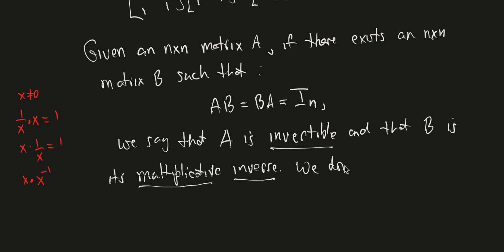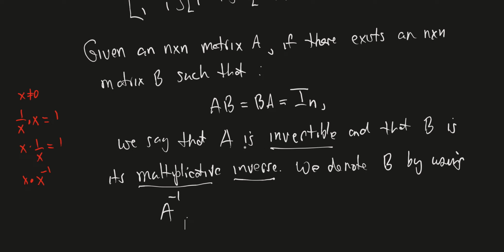If we can find such a B, we denote B by A inverse, right? This is the notation that we're going to use to represent the multiplicative inverse of an invertible matrix, right?